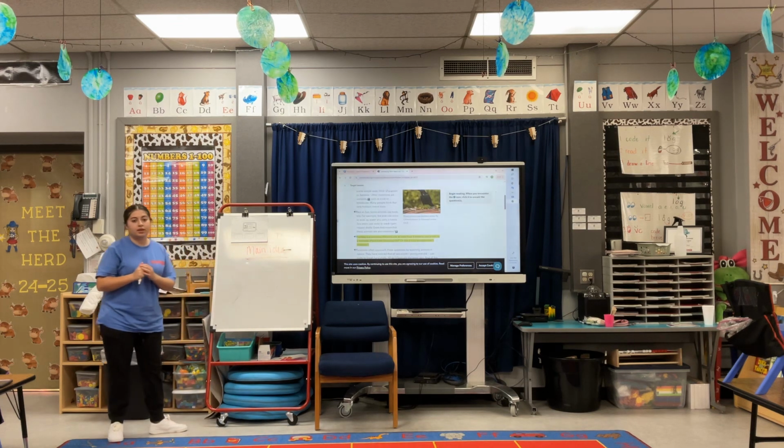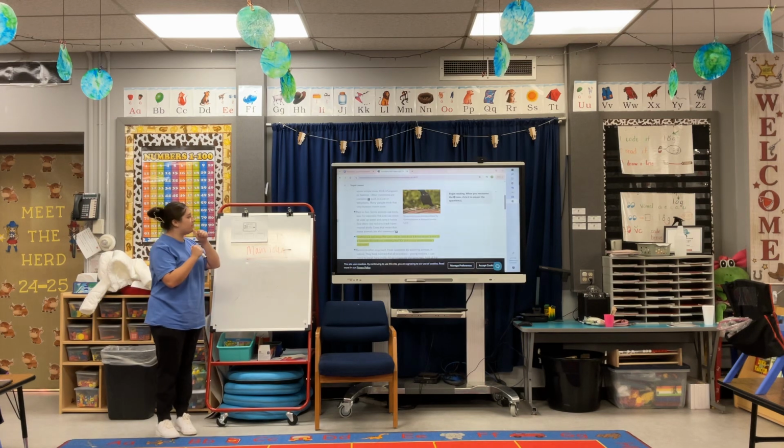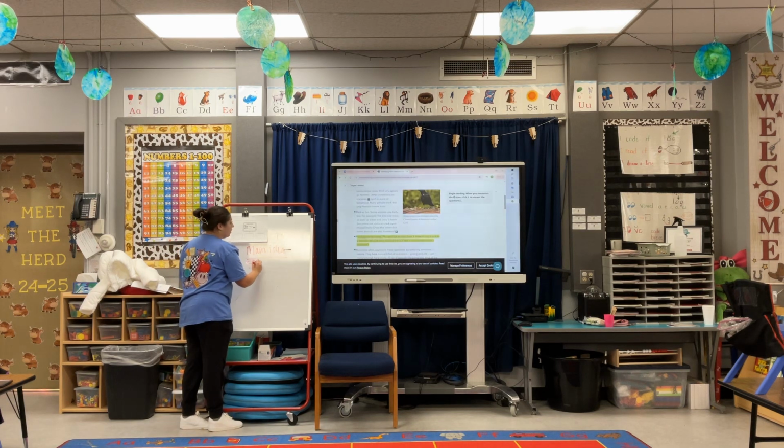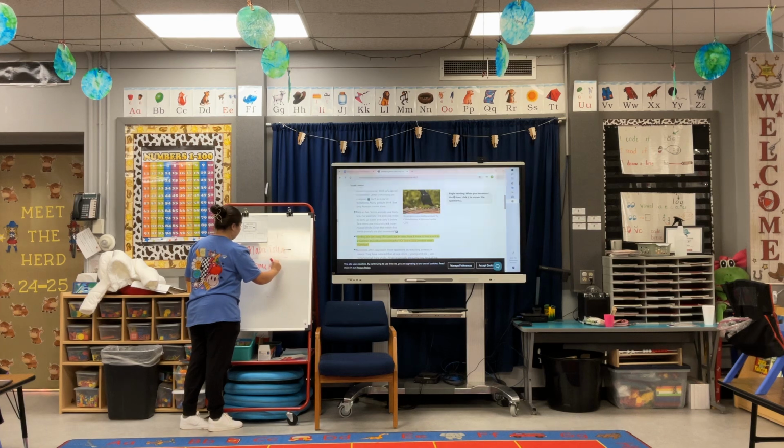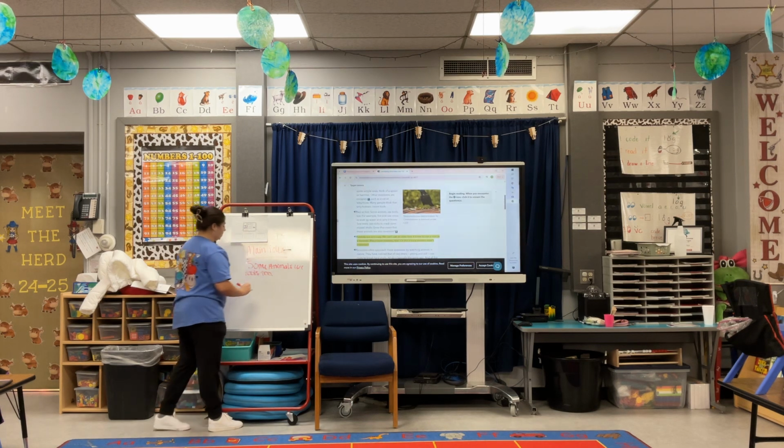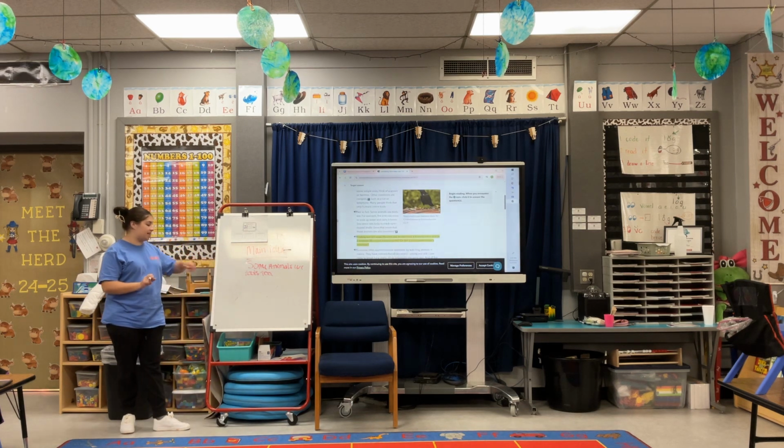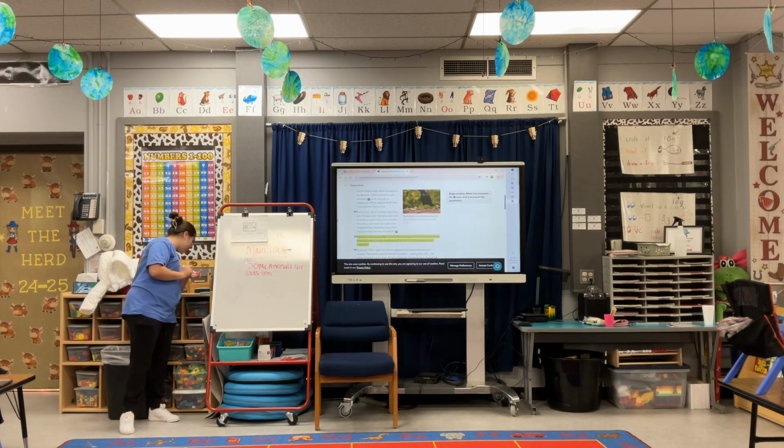The main idea is what the author really wants to tell us. So looking at this paragraph, some animals use tools too. Telling us that some animals use tools as well.